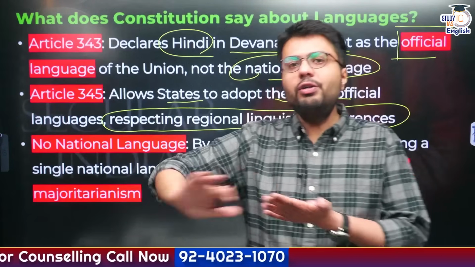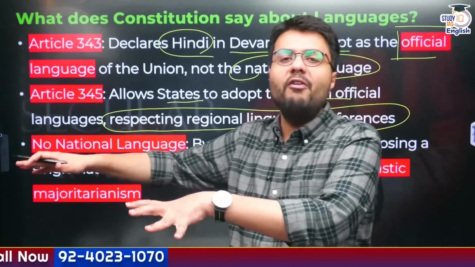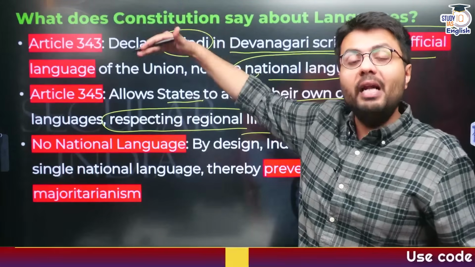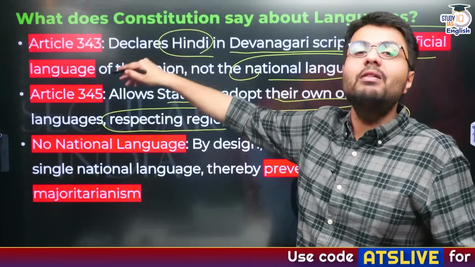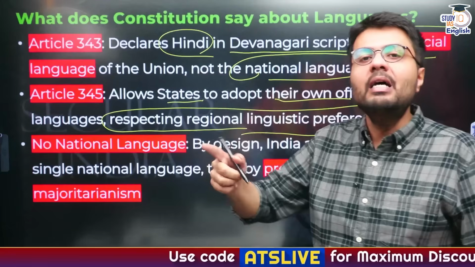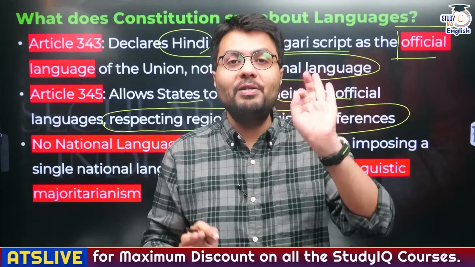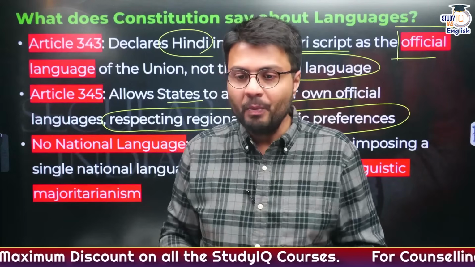So therefore, the Constitution of India allows different state governments to have their own languages as their official languages, whereas let us come to the Union government. Here Article 343 says Hindi written in Devanagari script is the official language, but no language in India is a national language. Please understand that.